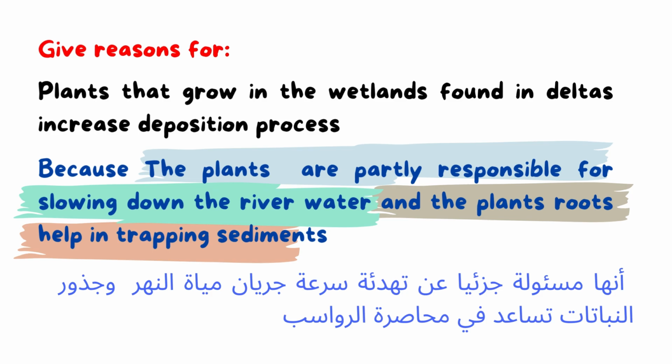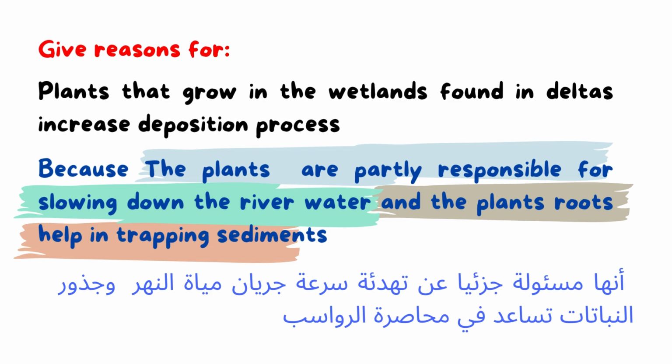First, the plants are partly responsible for slowing down the rivers, as the plants cause what? The river to slow down. So if the speed of the water flow decreases, that causes what? Yes, the sediments to be settled more and form a delta.